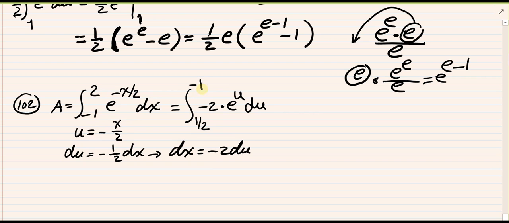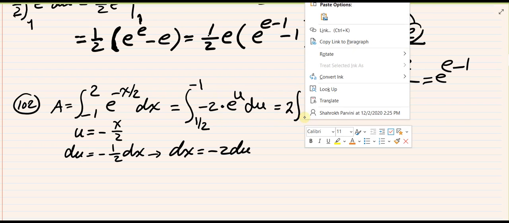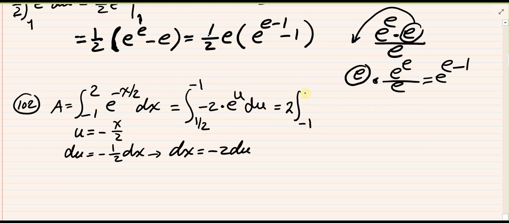All right, and because the limits of integration usually go from low to high, I'm going to make that a positive 2, right, and change the limits of integration from negative 1 to 1/2 of e to u du. And this is going to be 2 times e to u from negative 1 to 1/2.